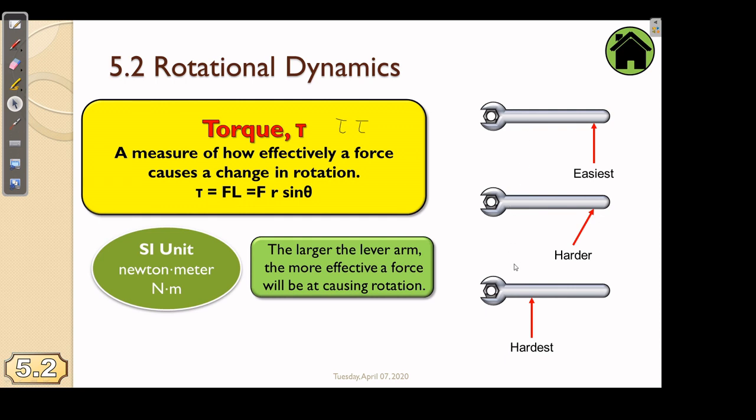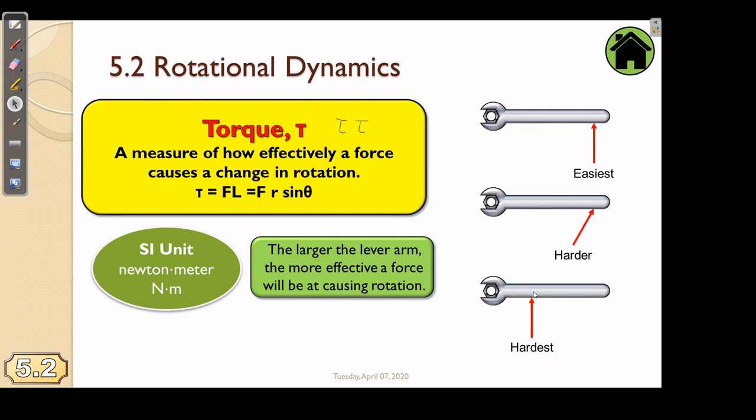So here we have 3 wrenches that are being used to turn a nut. The most effective force is going to be at a perpendicular angle at a long distance from the axis of rotation. If we apply the force at any angle other than perpendicular, it is actually going to reduce the effective torque, which will make it harder to achieve the task that we're trying to do.